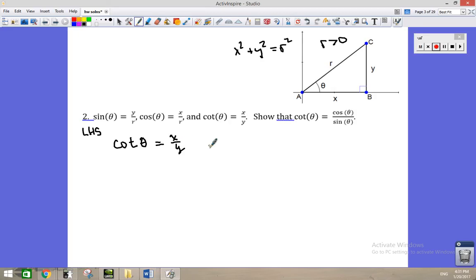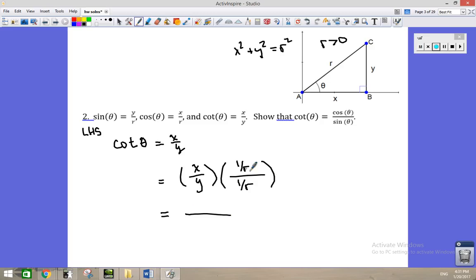Okay. And now, if I look at x over y, let's say that I take this fraction and I multiply it by the number 1, but I'm a little bit clever in how I write 1. It looks a little bit complicated, but I'm going to have my numerator and denominator be the same value, and I'm going to pick 1 over r divided by 1 over r. All right, so when I multiply fractions together, you multiply straight across the numerator and straight across the denominator.